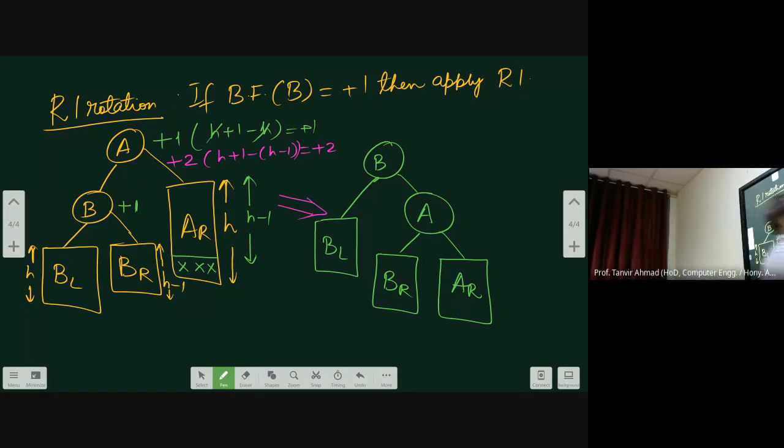Now what is the balance factor of this? h minus 1. Again, this is also h minus 1. This is h. So what is the balance factor of B now? It will become 0.